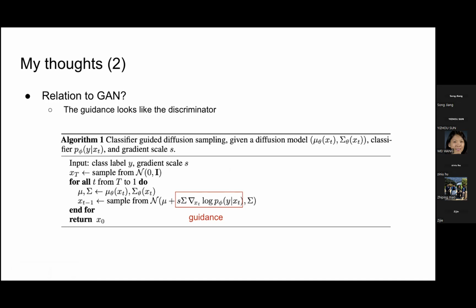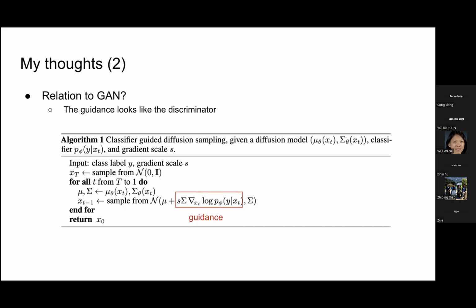It's trained with the diffusion model. It's not a pre-trained model, because in a pre-trained model you don't have a noisy image, right? This classifier should give you the label Y for every noisy data in every time step. For every noisy image we have the Y, because Y is always the same for one image.